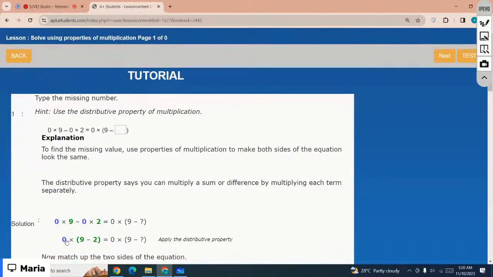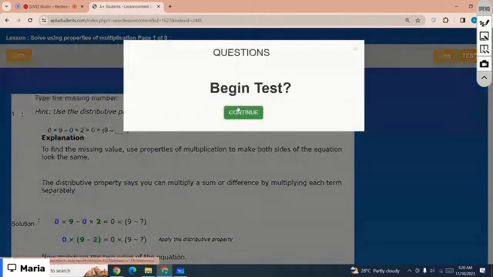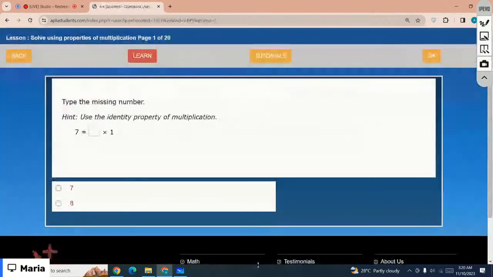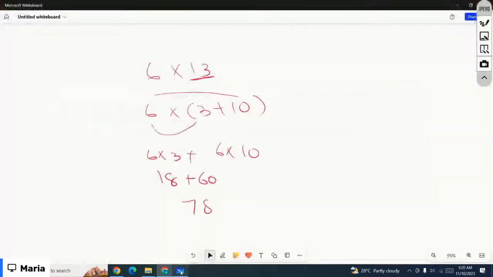Okay, let me just explain the properties of multiplication. Just look at the board, and you can also note down the definitions. The first property of multiplication is the commutative property.